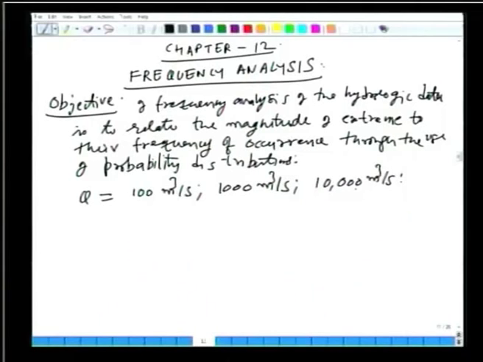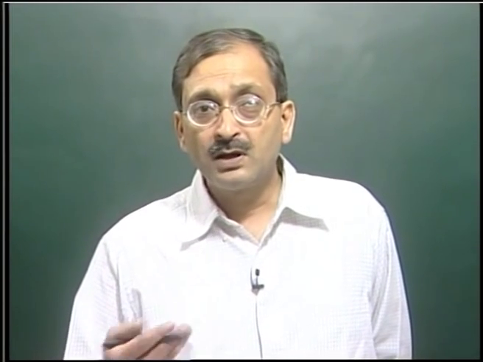By intuition you can say that the lower the magnitude, the more frequent. Out of these, 100 meter cube per second will occur more frequently, maybe more than once in a year, a lot more frequently than the event Q equal to 10,000 meter cube per second. So the higher the magnitude of any event, the lesser will be its frequency, or it will be more rare, or it will occur very rarely.